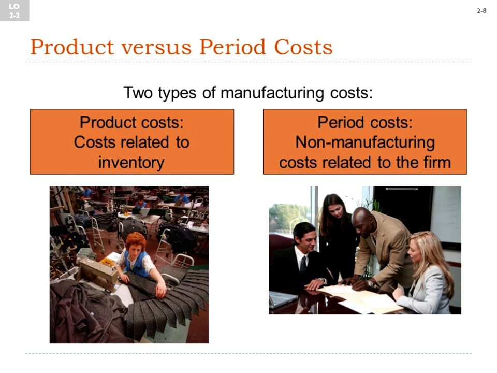So again, product costs, these are costs related to the inventory, so they become part of your inventory. So let's say that you're a furniture maker and you have to buy paint to paint your furniture. That paint is going to be considered a product cost, so that's going to be added to your assets.